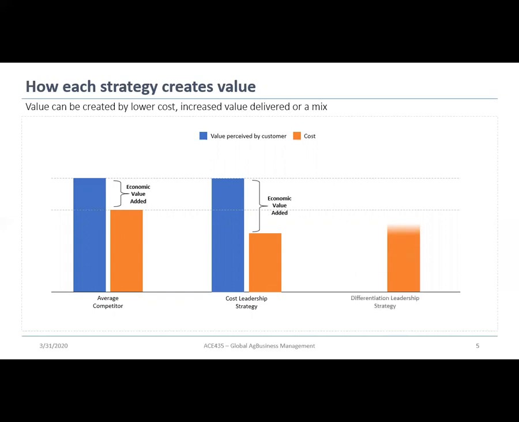On the other hand, we have the differentiation leadership strategy, where with the same cost, this player is delivering more value to customers, and therefore its economic value added is also enhanced. And we can think also of a mix. We call it a dual competitive strategy, but it also has some concerns. But basically, picture that as we move on.